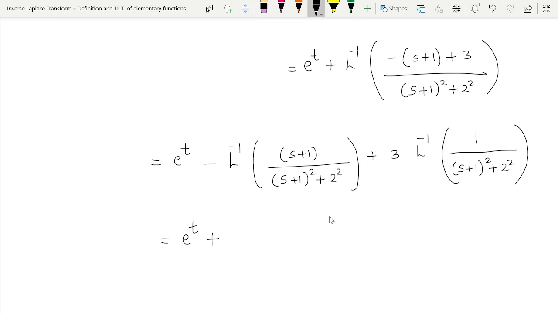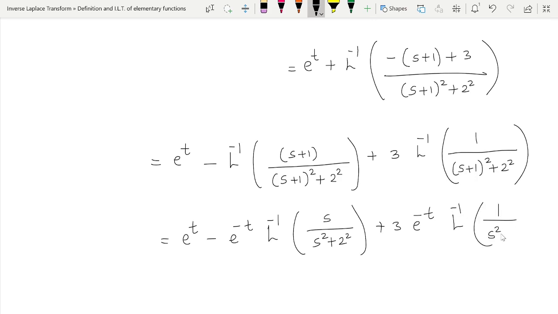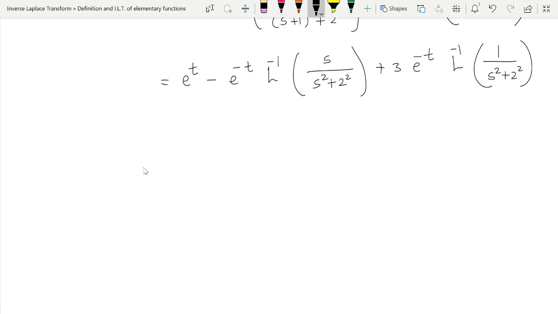Now you can see that if I replace s plus 1 by s, I am getting a function whose inverse Laplace transform is already known to me. So minus, it will be e raised to minus t, L inverse of s upon s square plus 2 square, shifting property, plus 3 e raised to minus t L inverse of 1 upon s square plus 2 square, which is further equal to e raised to t minus e raised to minus t, and L inverse of this will be what?